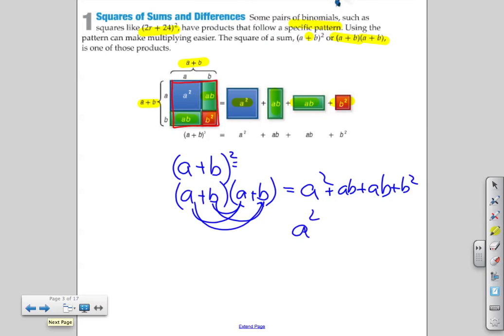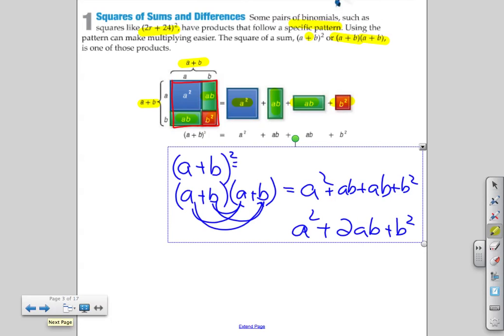So that would be a squared plus 2ab plus b squared. All right? So if you find the square of a plus b, it's going to be a certain pattern that we're going to see. We're going to have the first term squared, the last term squared, and the product of the middle terms.